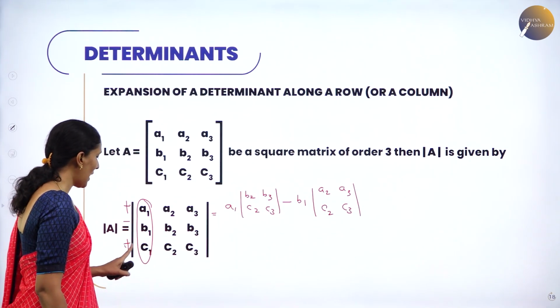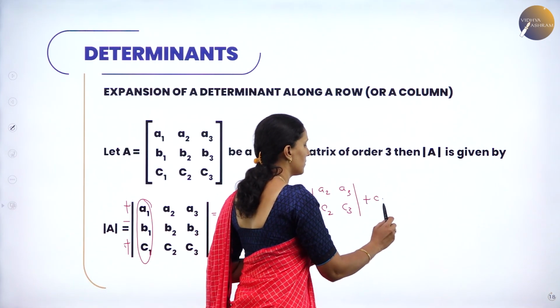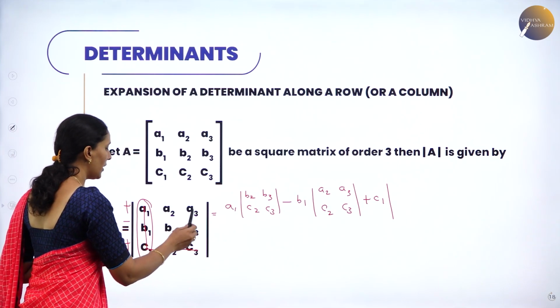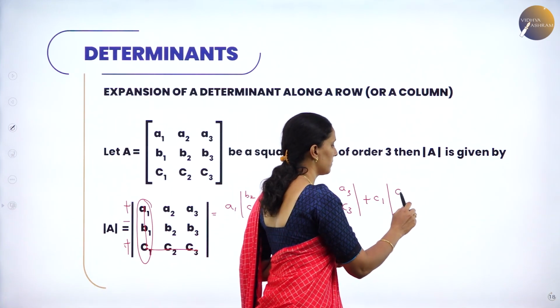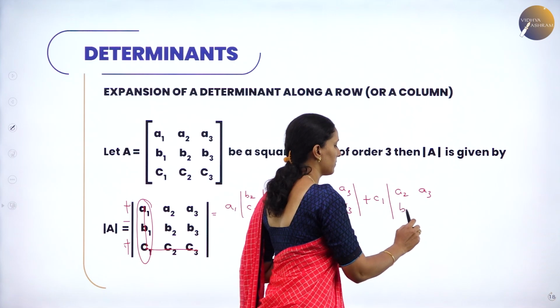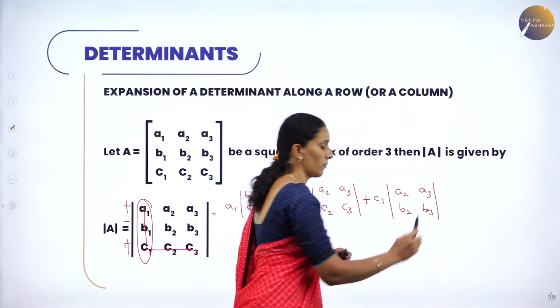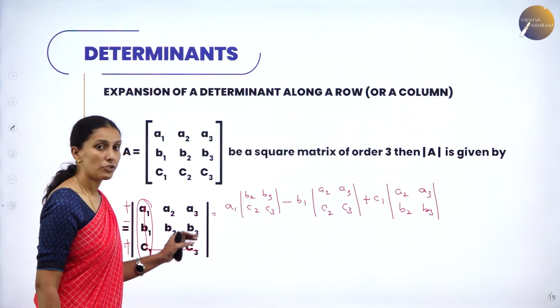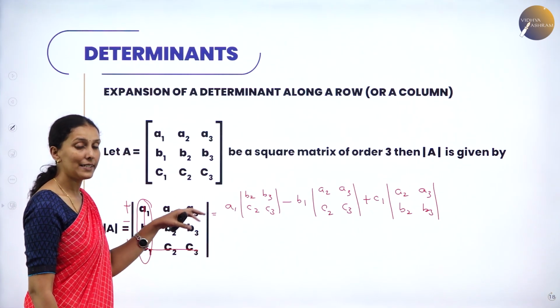The last one is plus C1. Delete the row and the column. We are left with A2, A3, B2, B3. So this is how we are going to expand it. This is an expansion along column 1, that is A1, B1, C1.